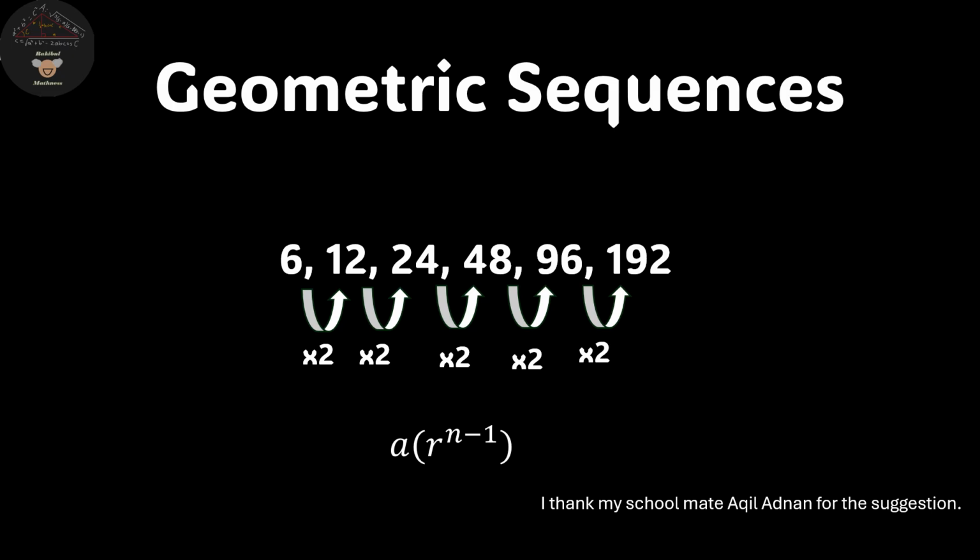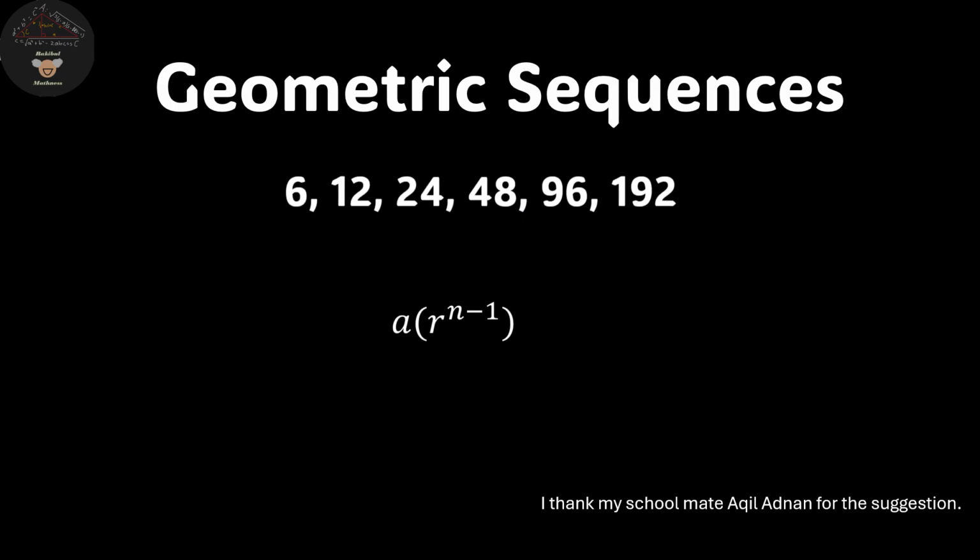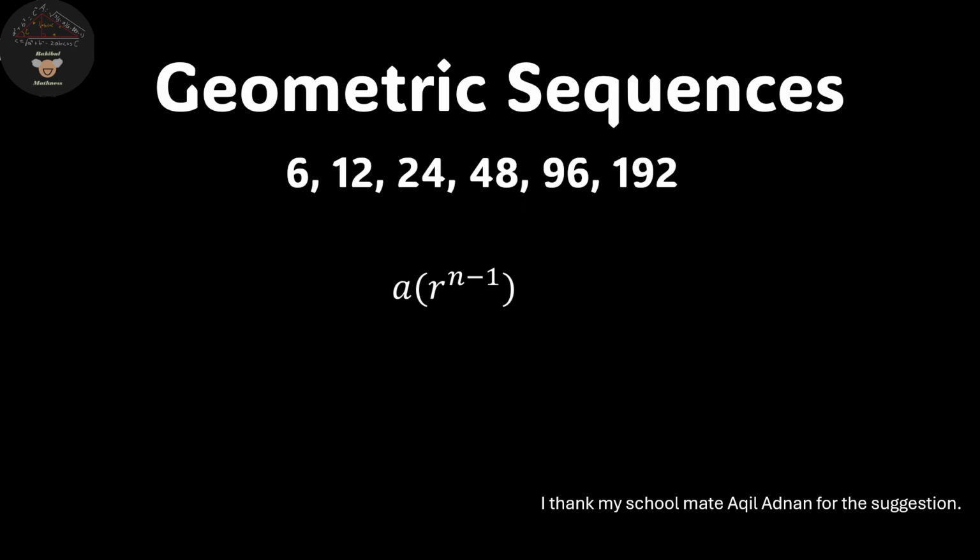So here, what we're going to do is just replace our a with 6. And then we replace our r with 2, because that's what we were doing, multiplying by 2. So now, this is our formula to find the nth term.